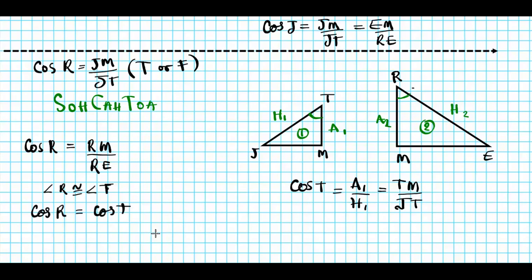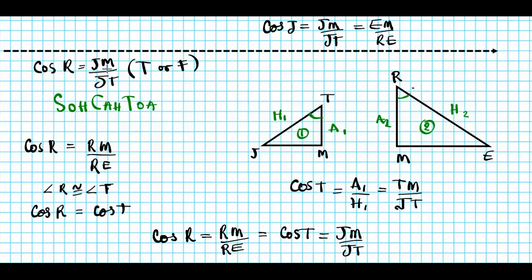Okay? So we can say that cosine R is equal to RM over RE using triangle 2, which is also equal to cosine T, which is equal to TM over JT using triangle 1. Remember, cosine R and cosine T are the same, so these ratios are equal also.